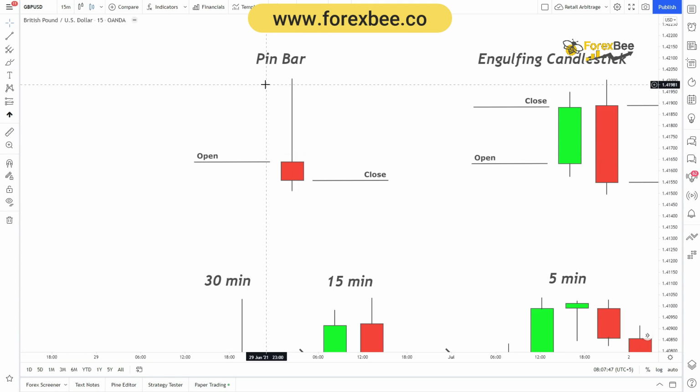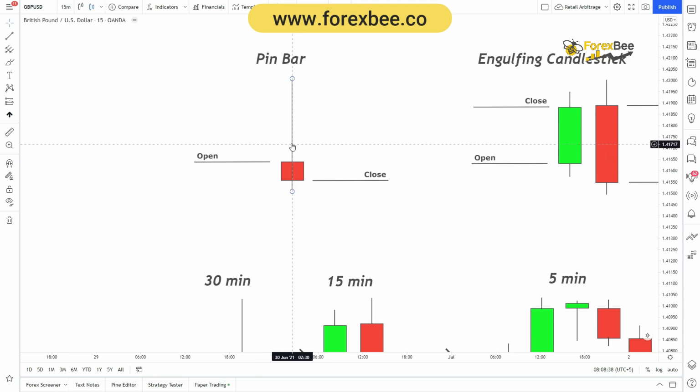So basically, this pin bar was formed because the price opened up here and then it went up, and after that from here it went down, and then it came here to close. So what a pin bar actually shows is price rejection. Here you can see the price opened up here and it went bullish, and the bulls were in control.